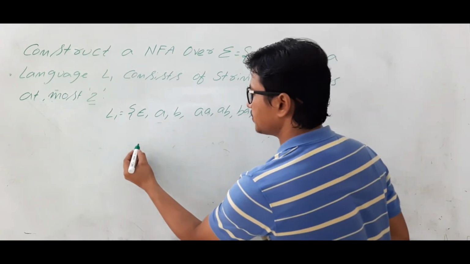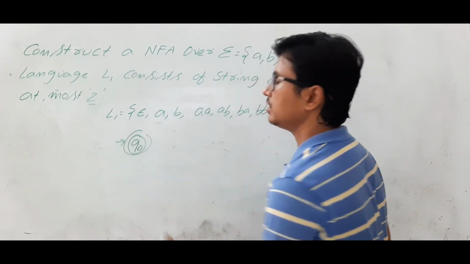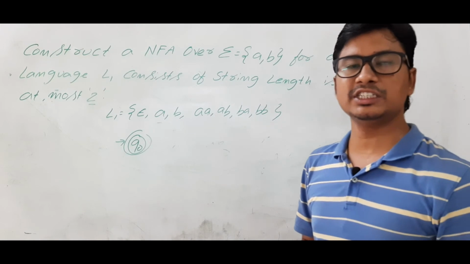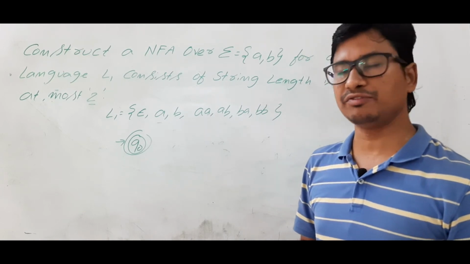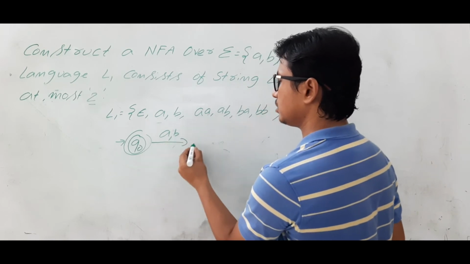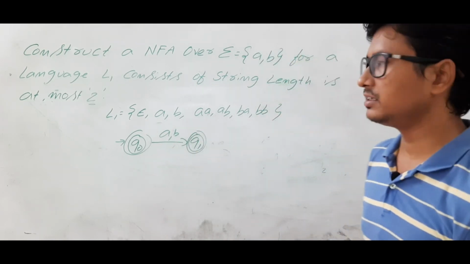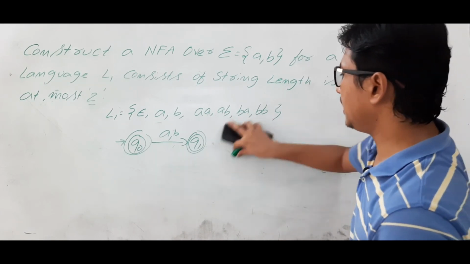As it has epsilon, if I construct the NFA, I should accept epsilon. So my initial state will also act as a final state. Now I need to accept length 1, so my Q1 also will act as a final state.